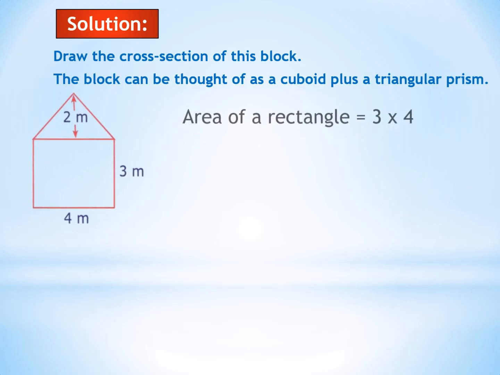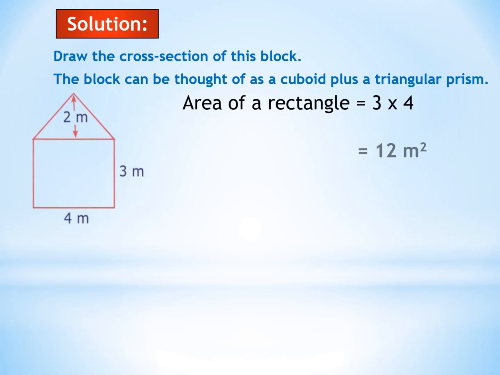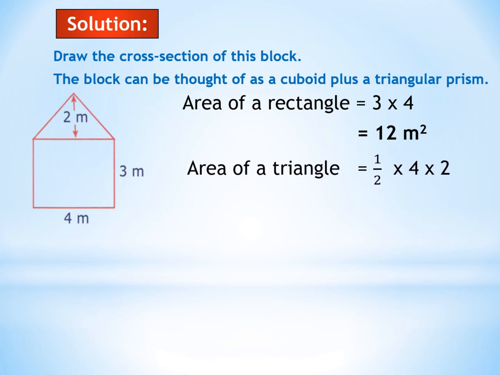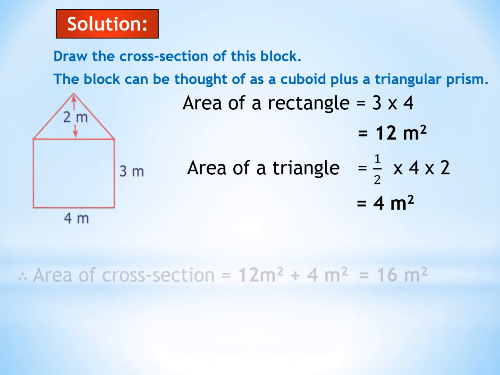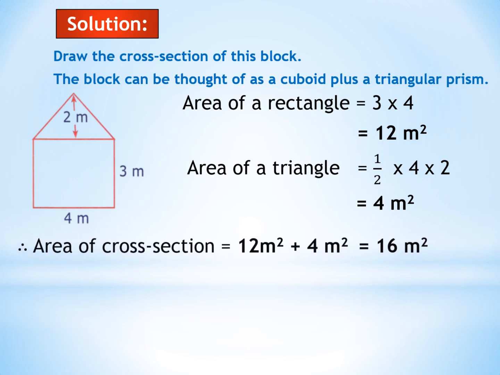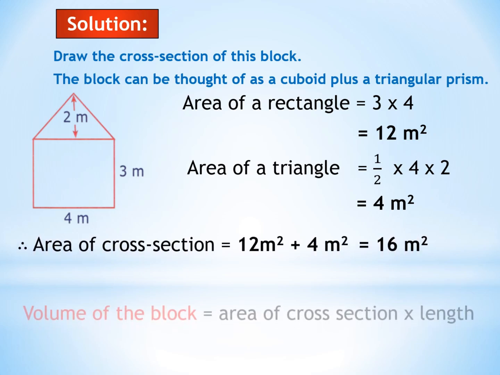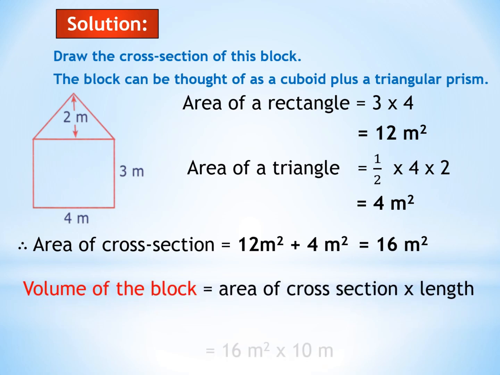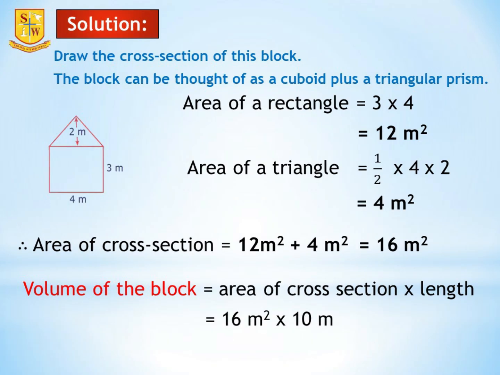The area of a rectangle equals 3 times 4 equals 12 meters squared, while the area of a triangle equals 1/2 times 4 times 2 equals 4 meters squared. Therefore, the area of the cross-section equals 12 plus 4 equals 16 meters squared. Then the volume of the block equals the area of the cross-section times length, which equals 16 meters squared times 10 meters. Please pause the video to find the answer.